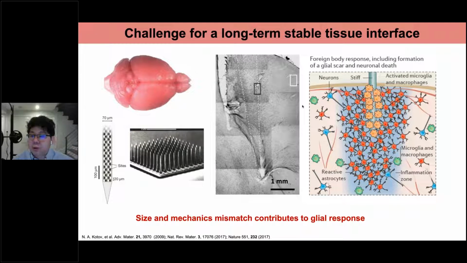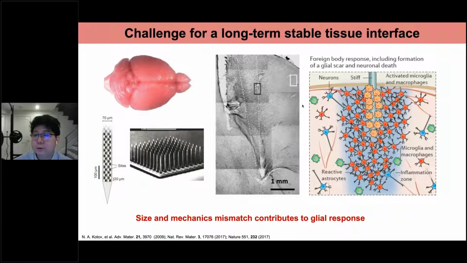In addition, due to this mechanical mismatch between the electronics and the brain tissue, there's a large pressure from those rigid probes on the soft brain tissue, which will also trigger the foreign body effect, causing the proliferation of microglia and astrocytes, those immune cells in the brain tissue, which isolate the probe from the healthy neurons. So over time, you will lose the capability to record the neural activity inside the brain tissue.